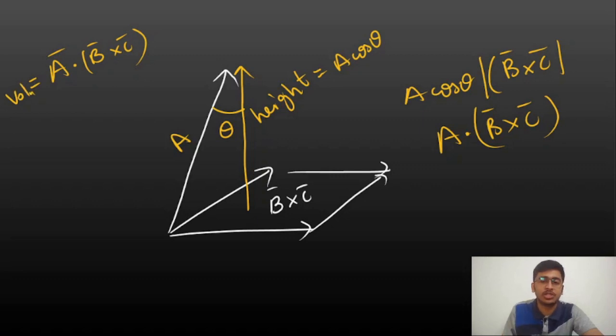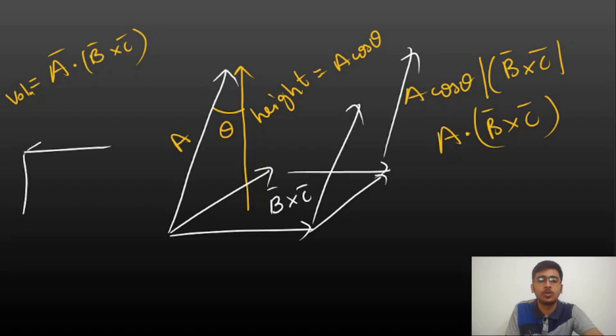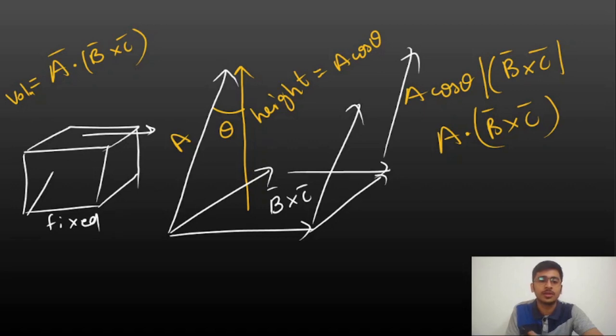What is this shape? This shape becomes a parallelopiped. Correct? So it will have volume like this. It's like a cuboid, but the cuboid is given some shear stress. So if you push it like that and keep this fixed, it will tilt a bit.